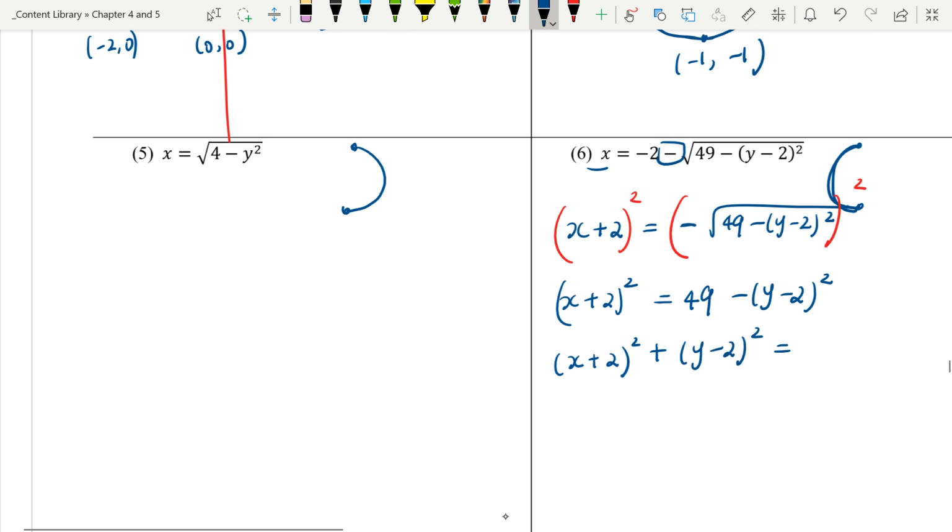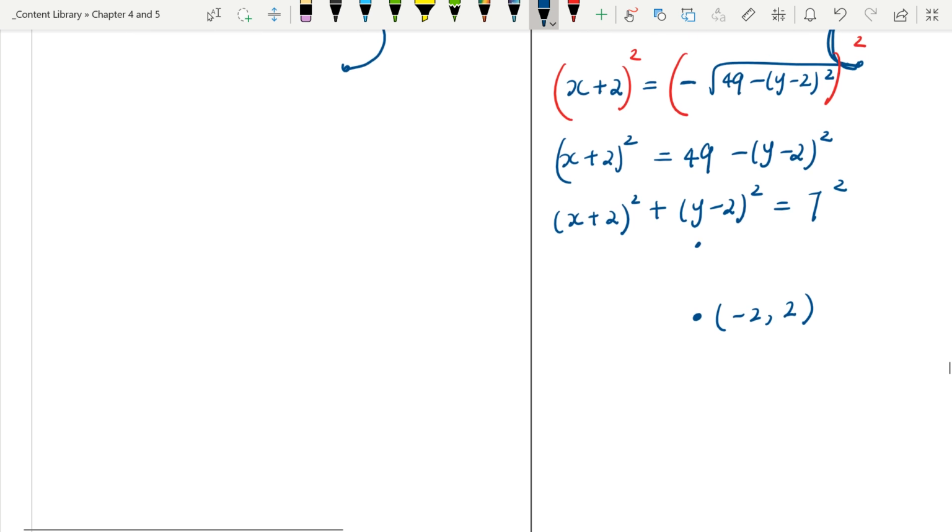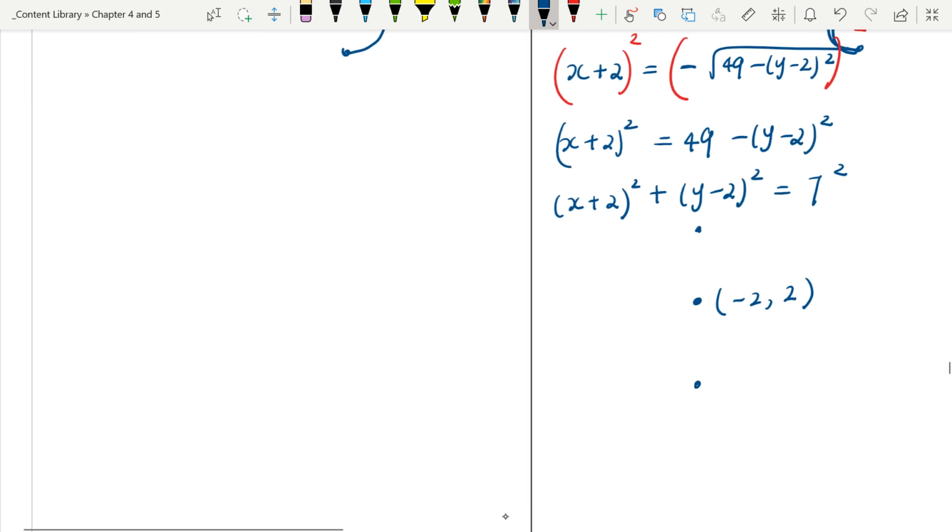Move it to one side, and the 49 equals 7 squared. Center is -2 and 2. And because I'm sketching only the left-hand side, it's not really like a circle, it's like an ellipse.